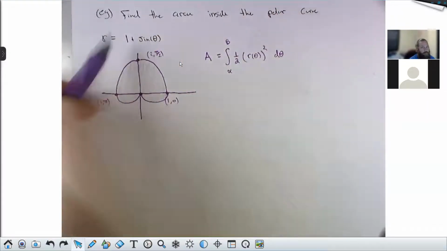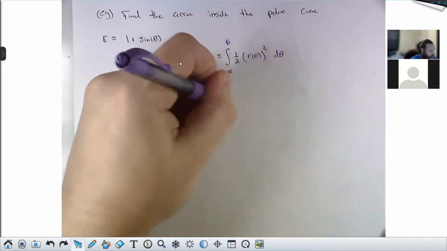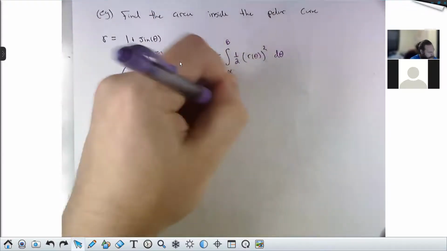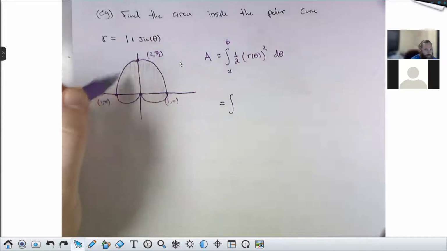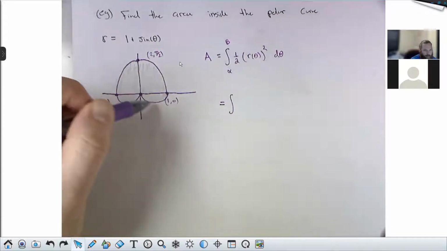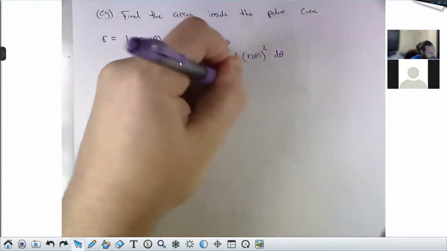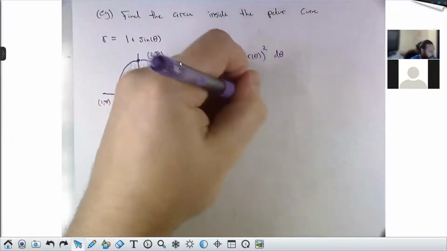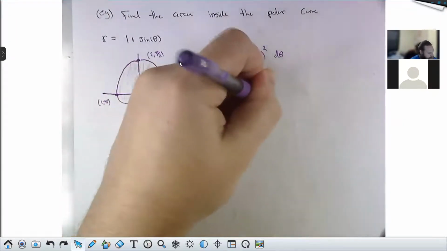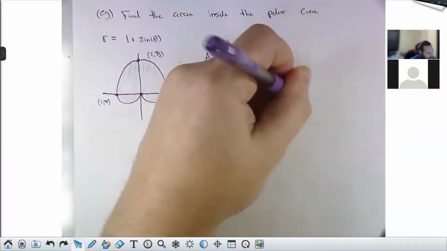R of theta here is 1 plus sine theta. And we could do this as the integral from 0 to 2 pi. As we rotate all the way around, theta equals 0, pi over 2, pi, 3 pi over 2, 2 pi. So we could do the integral from 0 to 2 pi of 1/2 times 1 plus sine theta all squared d theta.